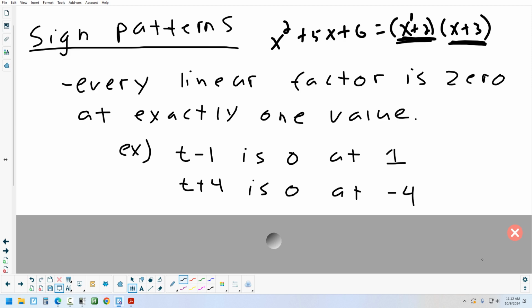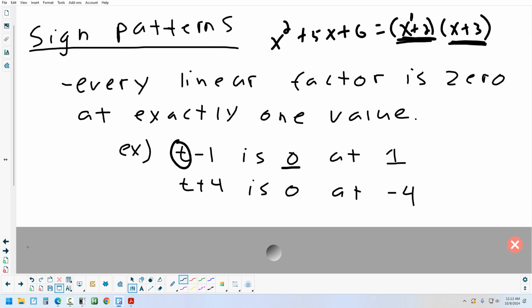So the biggest thing with a sign pattern is, first of all, can you find the factors? Because I'm not going to give them to you like that, so you're going to have to find them. And then, can you find the number that you fill in for the variable to make it 0? Those are the two things you have to know how to do with a sign pattern.